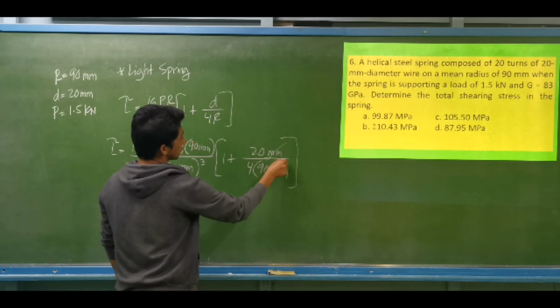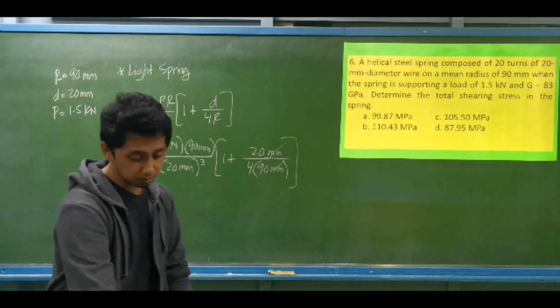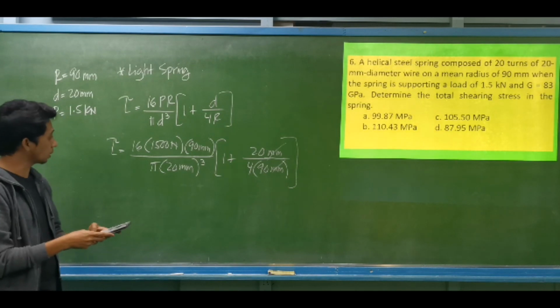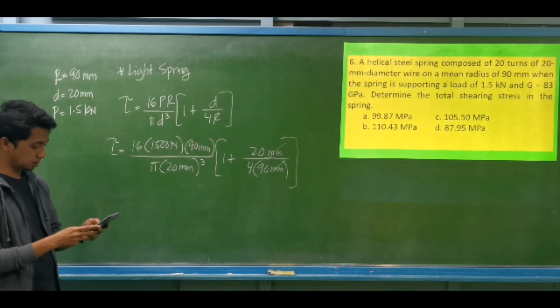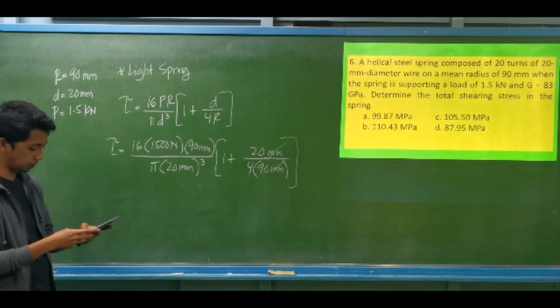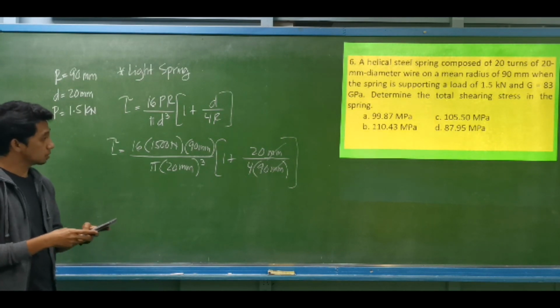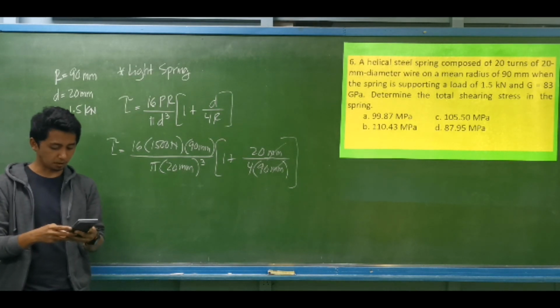As you can see, this portion is unitless. So let us compute. We have 16 times 1,500 newtons multiplied by 90 millimeters, divided by pi times 20 raised to 3, multiplied by 1 plus 20 over 4 times 90.